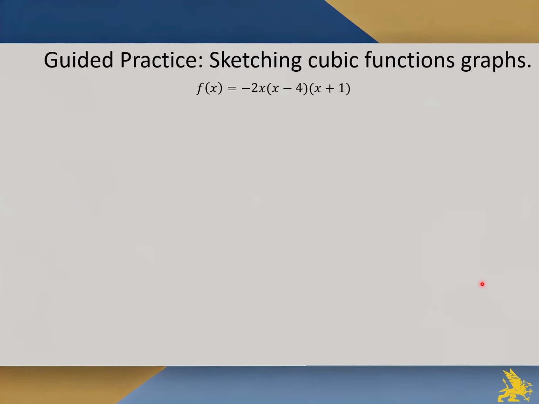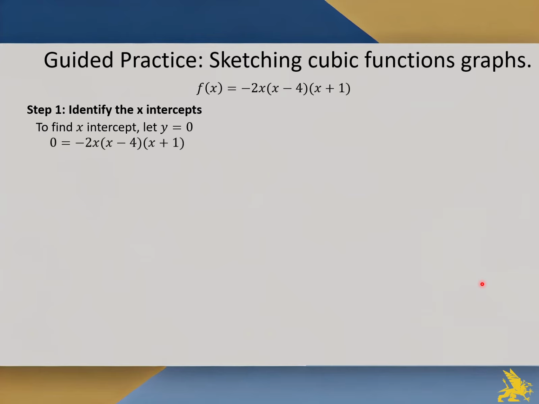The next question, f of x is equal to -2x in brackets x minus 4 in brackets x plus 1. So the first thing we're going to do is identify the x-intercepts. So to find the x-intercepts, we know y equals 0. As soon as I've done that, we are using our understanding of null factor law. When one of these is 0, the whole thing's 0.